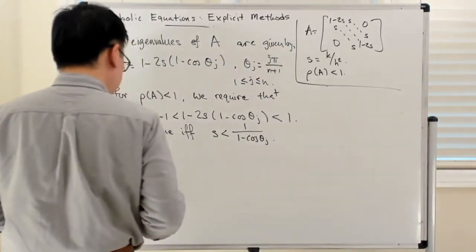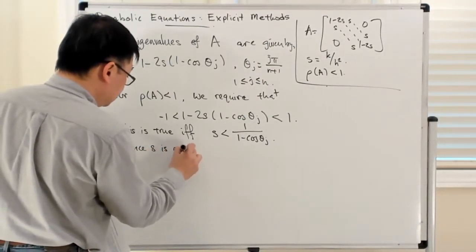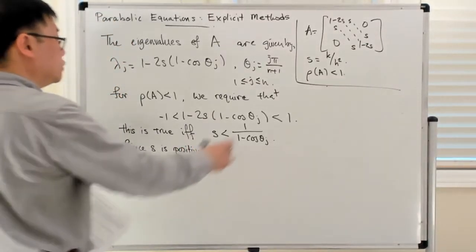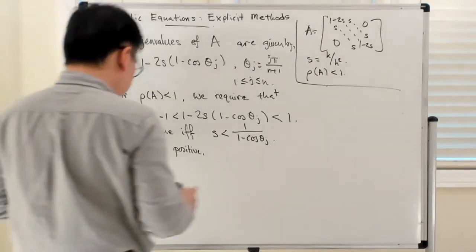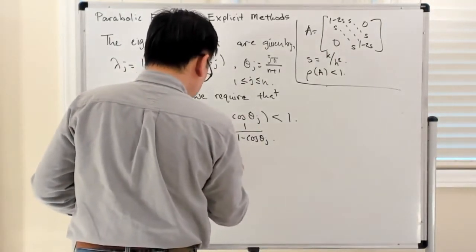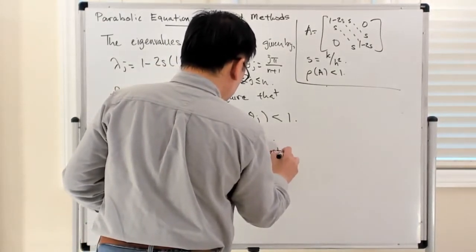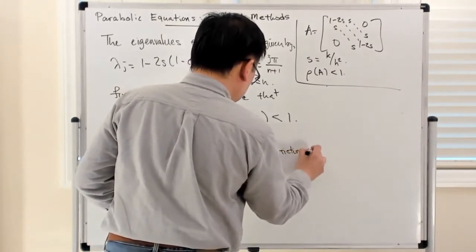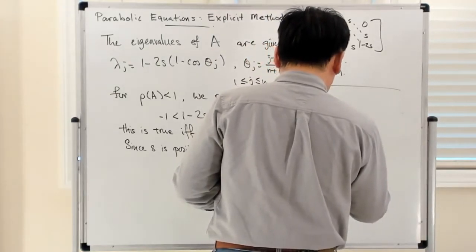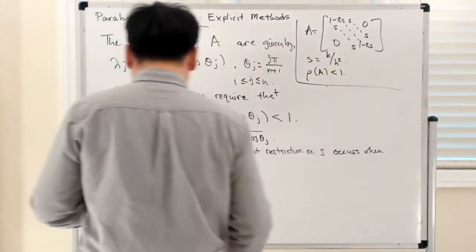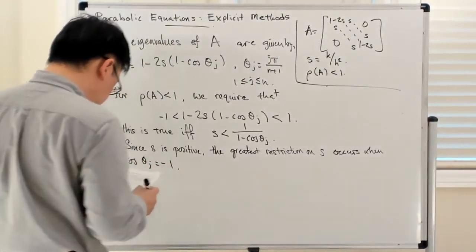Since s is positive, which is K over H squared, a positive number, the greatest restriction on s occurs when cosine theta j is equal to minus 1.